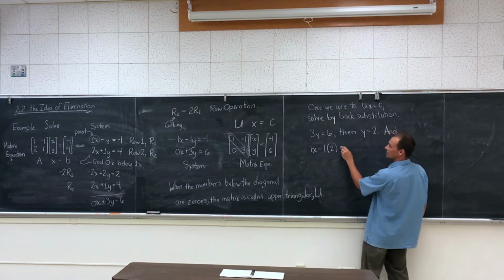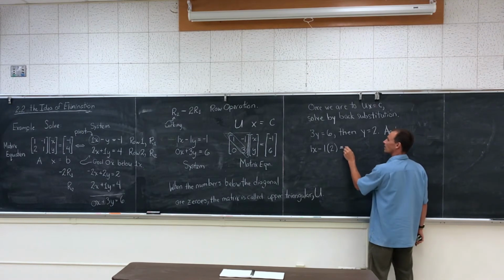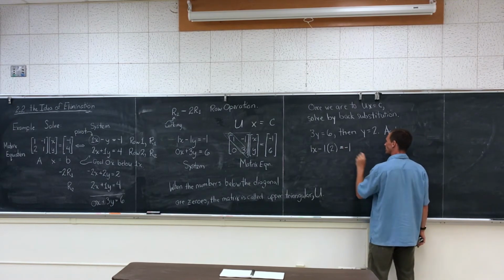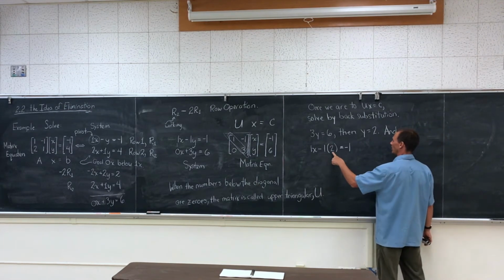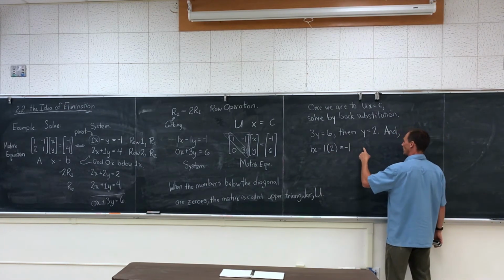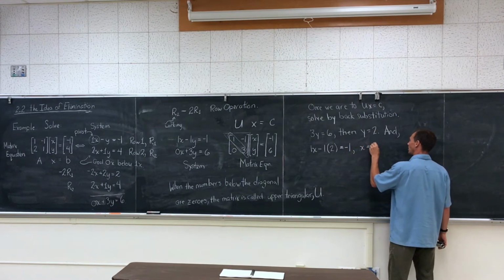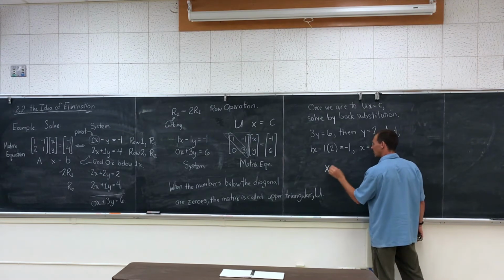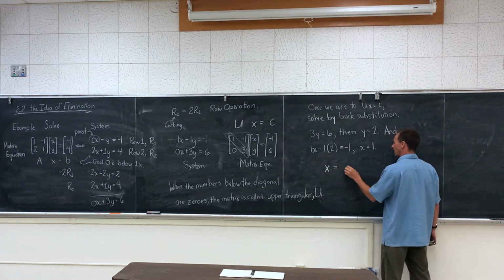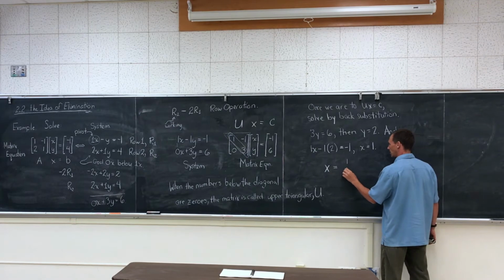This has to give me minus 1. So notice that if I multiply this, I get a negative 2. Move it to the other side for a positive 2. Minus 1 plus 2 is going to be 1. x equals 1. And so we can say that the vector x, the solution to our system, is 1, 2.